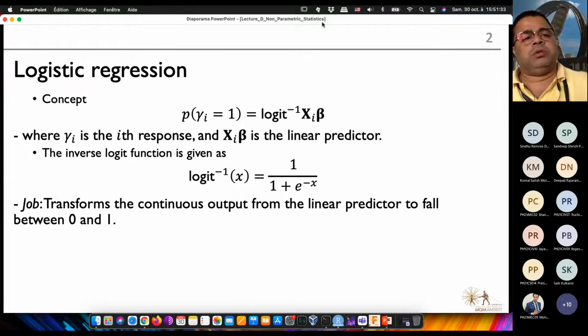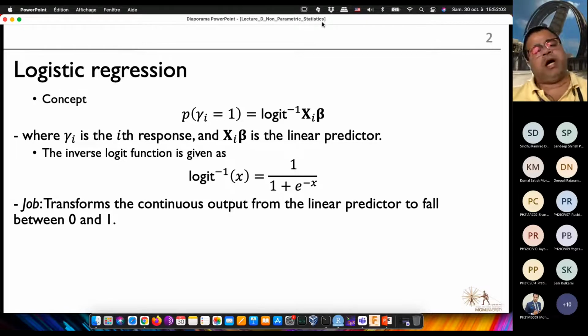So basically, if I want to decide or model yes or no based on certain input, what we have to do is logistic regression. The logistic regression is based on a particular function which is called the logit function. The logit function is on your screen right now. It is just a simple function, 1 upon 1 plus e to the power minus x.